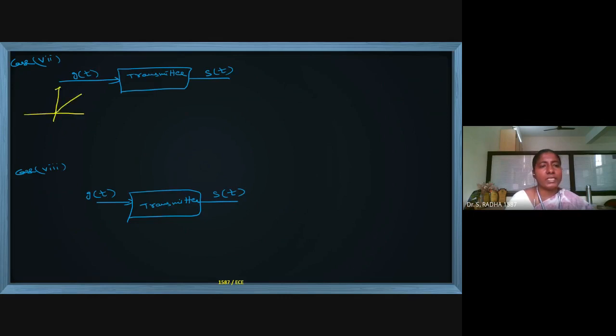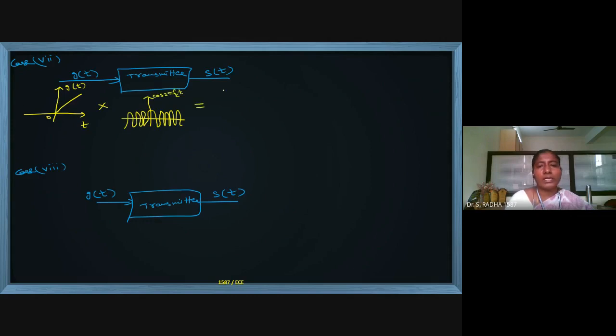In case 7, I will take the G of t diagram as a straight line ramp signal. This will get multiplied with the high frequency carrier present inside the transmitter, cos 2 pi fct.